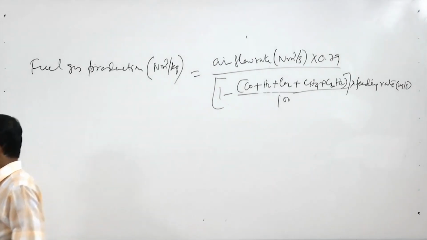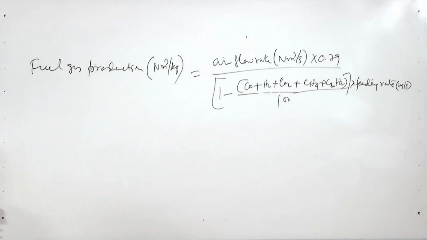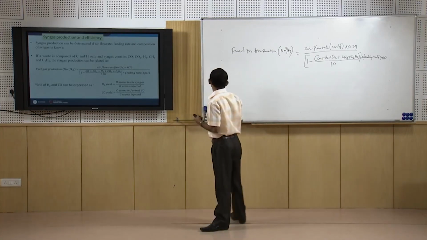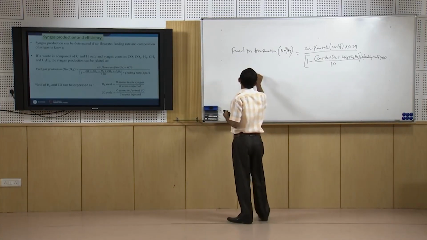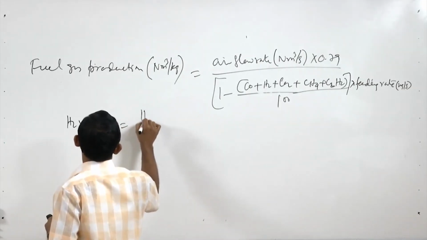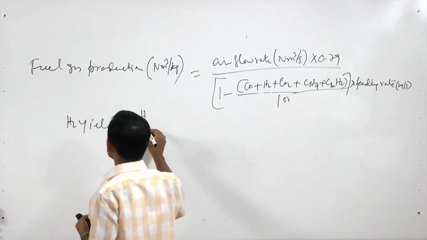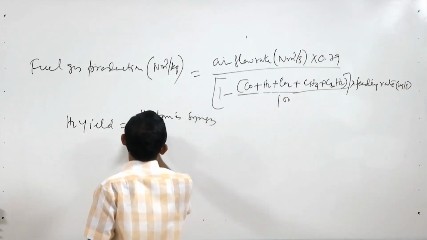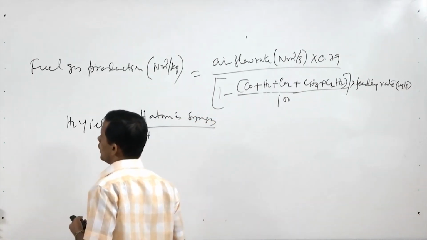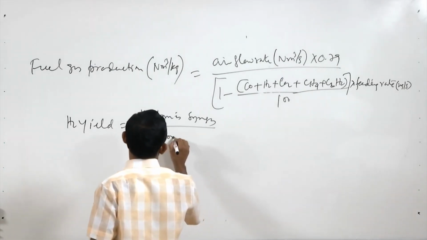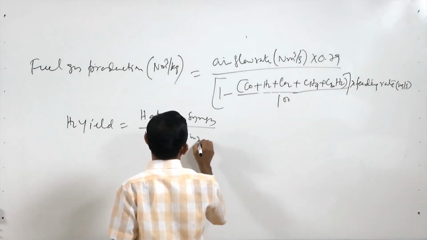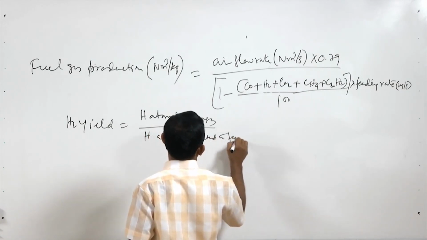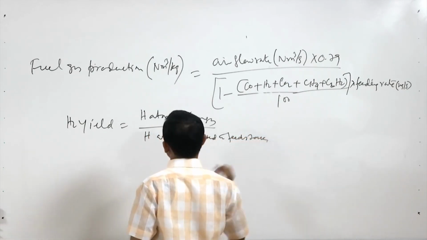Now, hydrogen yield and carbon monoxide yield are also two important parameters. Hydrogen yield is equal to hydrogen atoms in syngas divided by hydrogen atoms injected, that means in the feedstock.